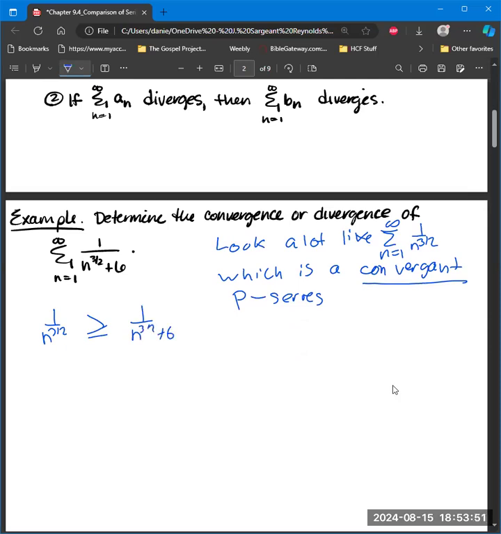Does that make sense? Let's cross multiply. n to the 3 halves plus 6 is greater than or equal to n to the 3 halves here. Yes, when I subtract n to the 3 halves from both sides, 6 is greater than or equal to 0 for all n greater than or equal to 1. Check. So that's correct.